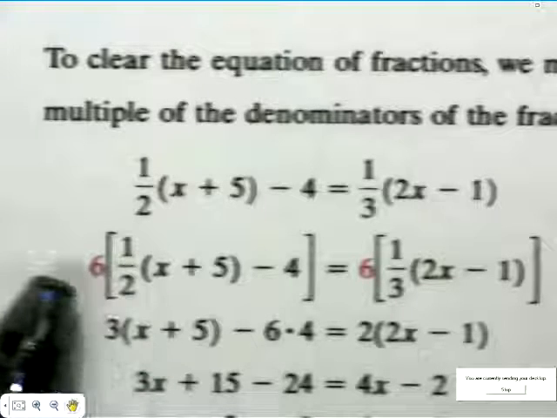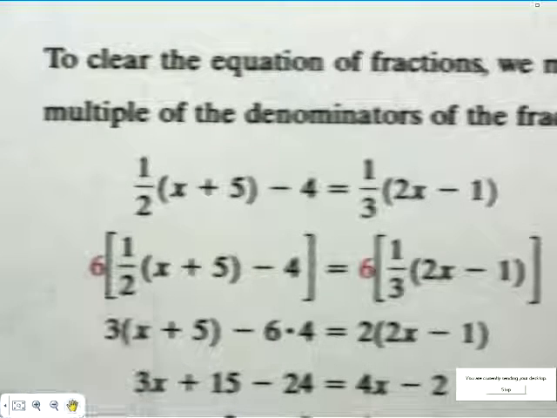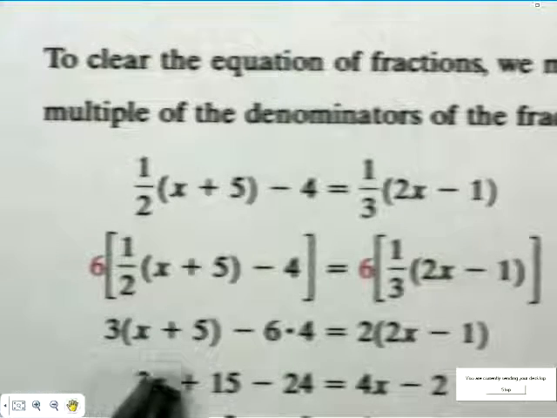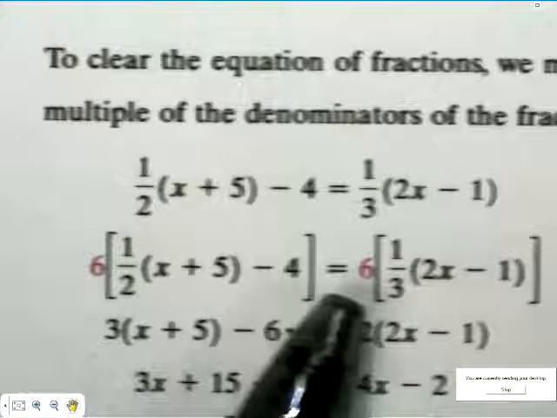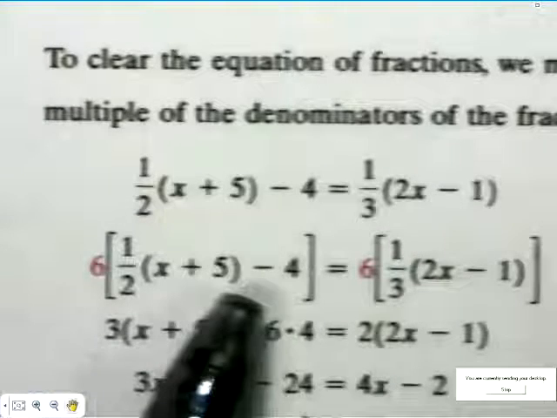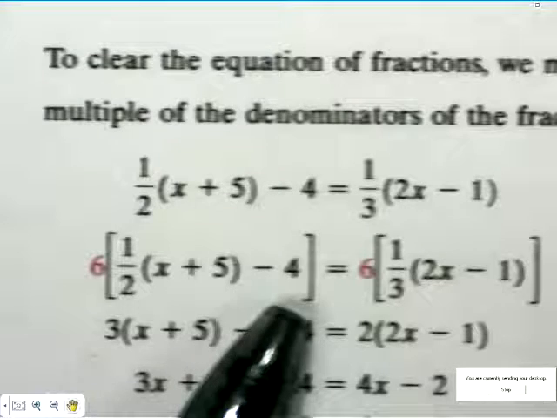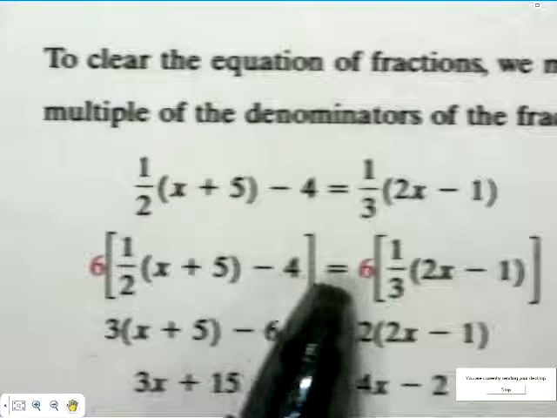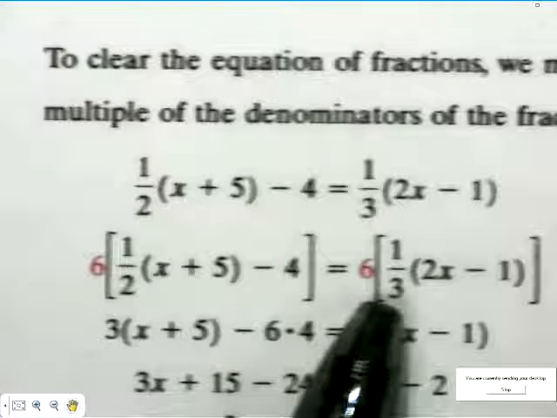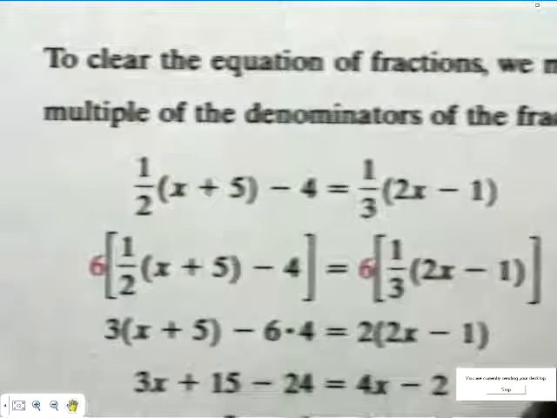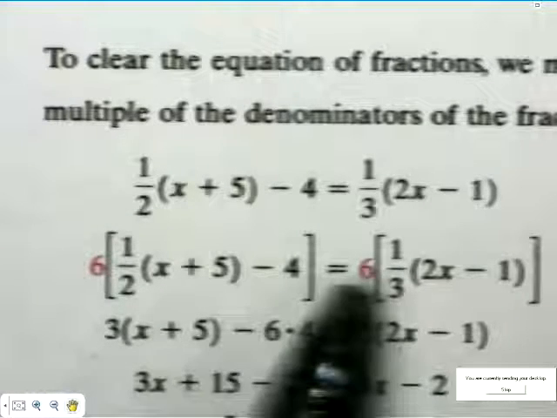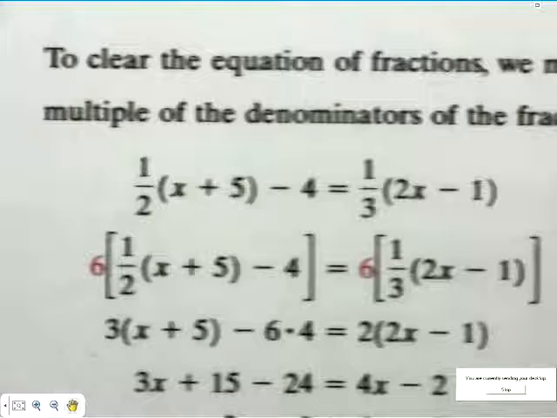So just multiply the 6 times 1/2, and in the next step, you'll end up distributing the 3. Now do make sure you also multiply the 6 times the 4, because that's a different term. And here again, multiply the 6 times 1/3, but then just distribute 2. Don't multiply 6 times 2x minus 1.